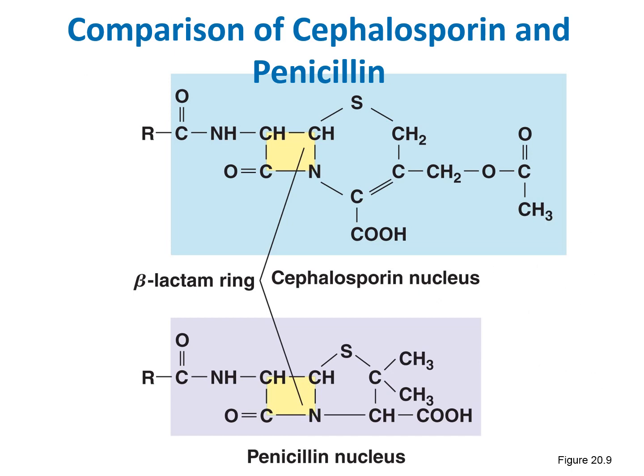This slide is here just to show you the difference between cephalosporins and penicillins. Again, you have the beta-lactam ring. Everything to the left of that beta-lactam ring is the same. It's the right side of the structure that's different.